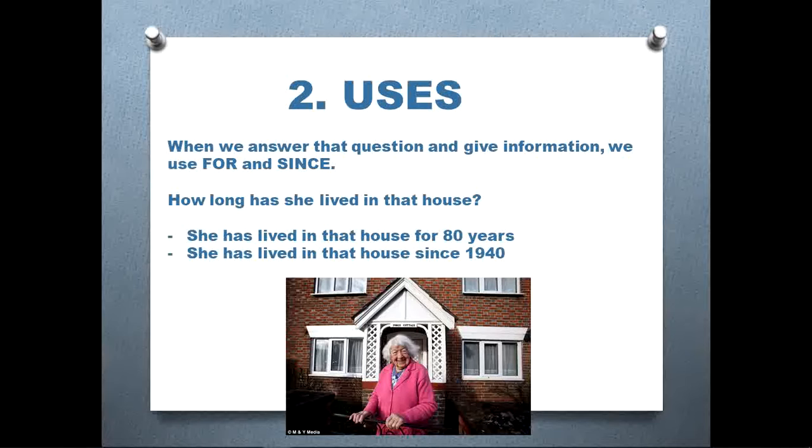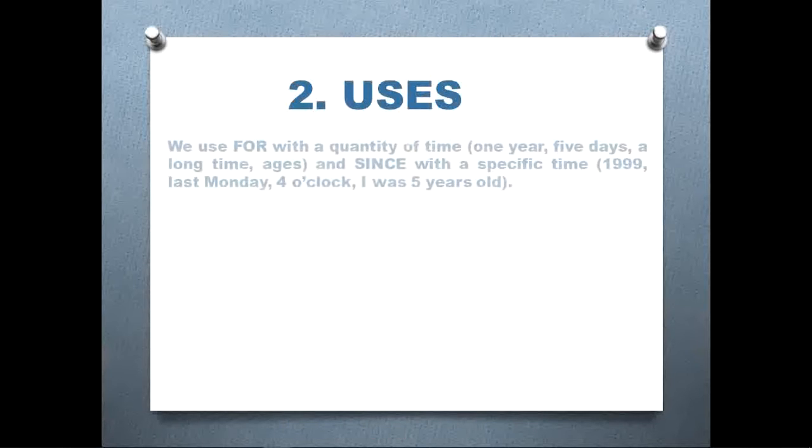What is the difference between them? So when we have for, we express the quantity of time that that action has been performed for. So it can be 1 year, 5 days, a long time, ages, and so on.